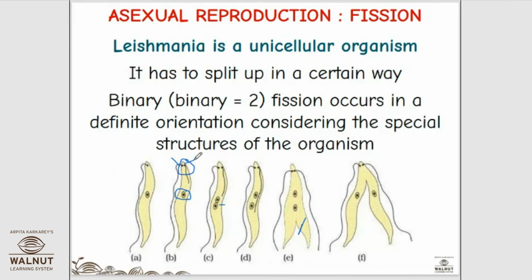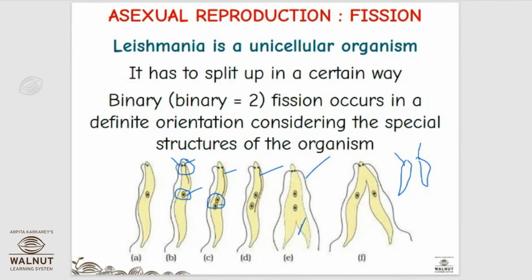You can see two flagella here. It grows completely. And then the nucleus also starts dividing. First, always the nucleus divides. The nucleus divides into two, and then the body of this Leishmania starts dividing and separates into two, and then later on you will see two separate Leishmanias with separate flagella. Is it clear? Till now, whatever we have done, is it clear to all of you?